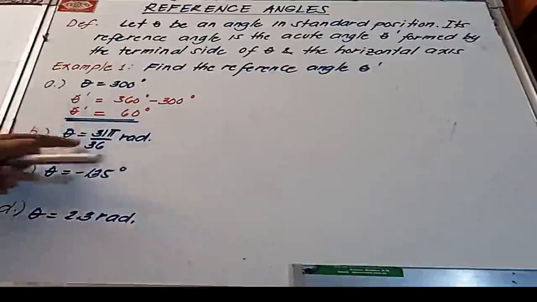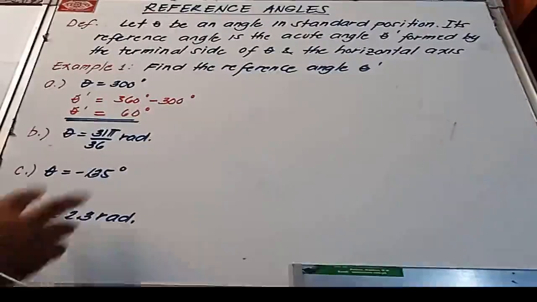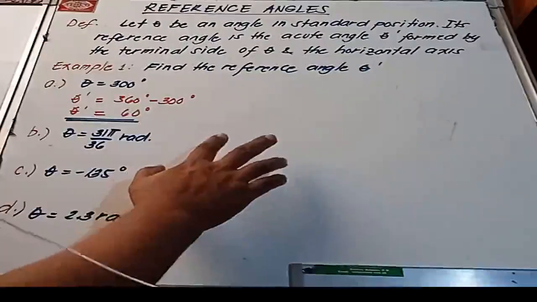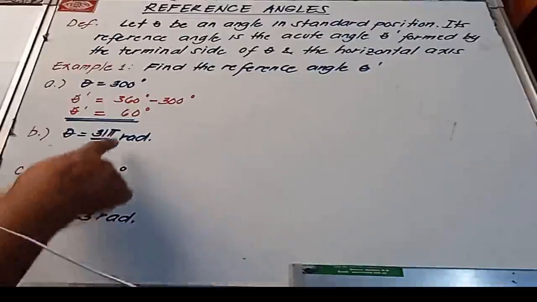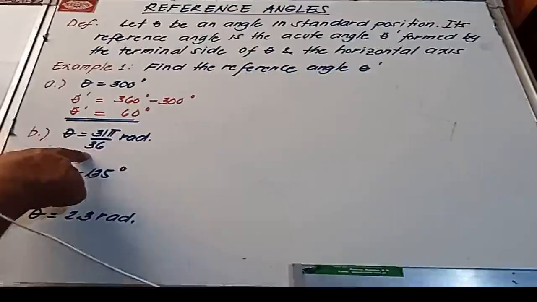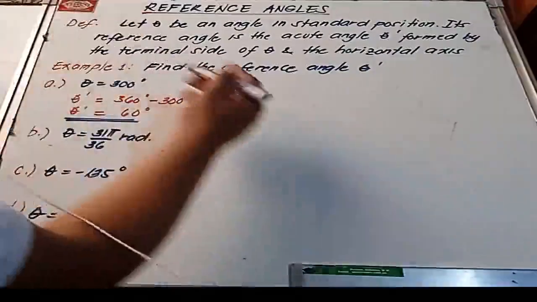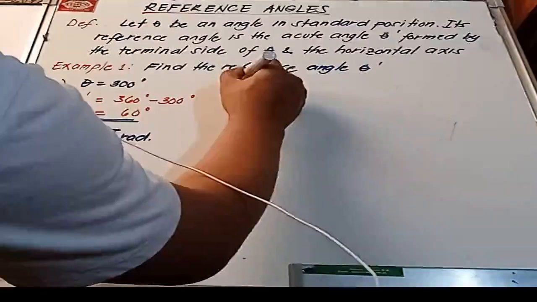But if we're going to notice, 31 over 36 is less than 1. So therefore, itong angle na to is between 90 and 180 kasi ang pi is 180 degrees. So less than 1 itong 31 over 36. So nasa pagitan siya ng 90 to 180 degrees. So mas maganda i-convert na natin.